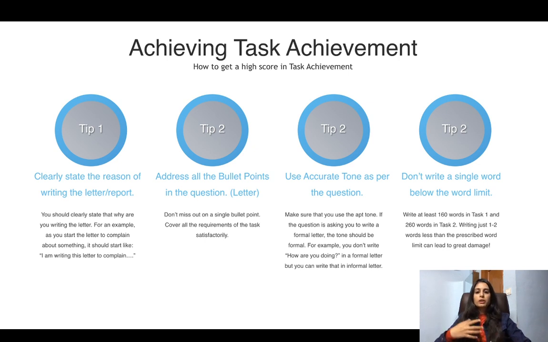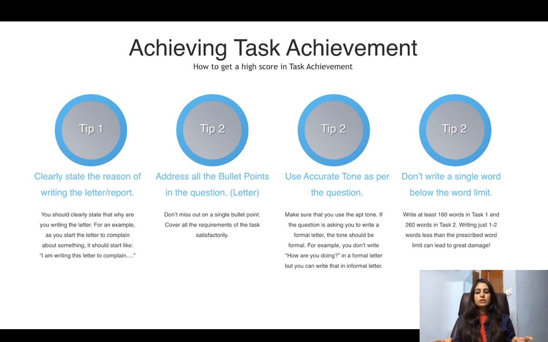You cannot keep confusing the person who's reading the letter. So in the very first sentence, write that I am writing this letter to inform you or in connection with XYZ reason. For example, as you start a letter to complain about something, it should be I am writing this letter to complain about.